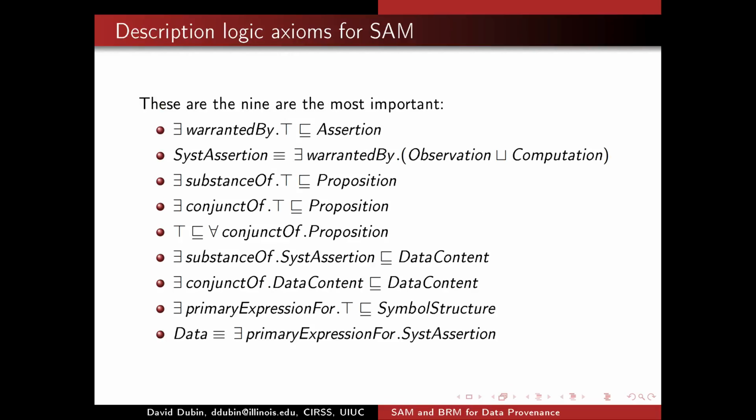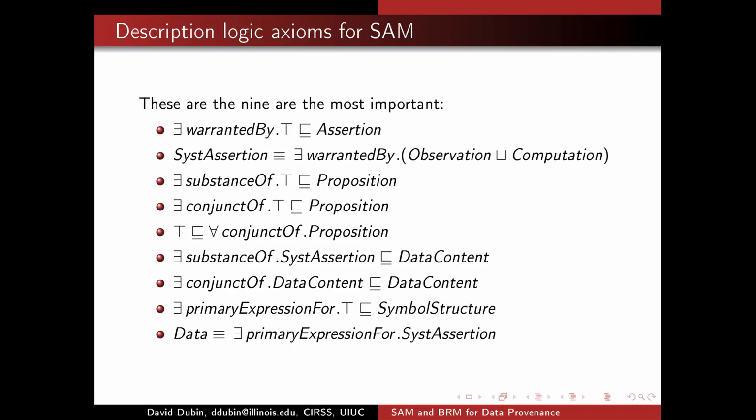The model itself is expressed using description logic axioms. These are the 9 most important out of about 40, defining, for example, that a systematic assertion is an assertion that is warranted by observation or computation, that data content is either substance of a systematic assertion or conjunct of other data content.